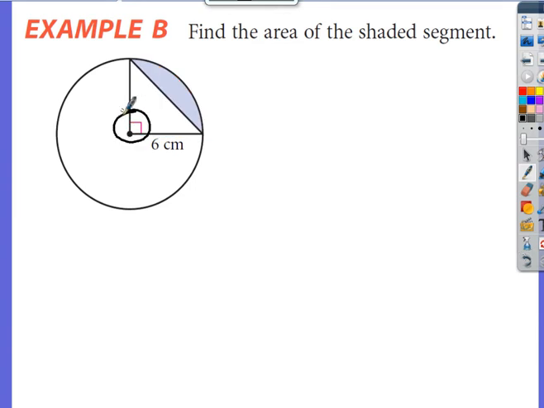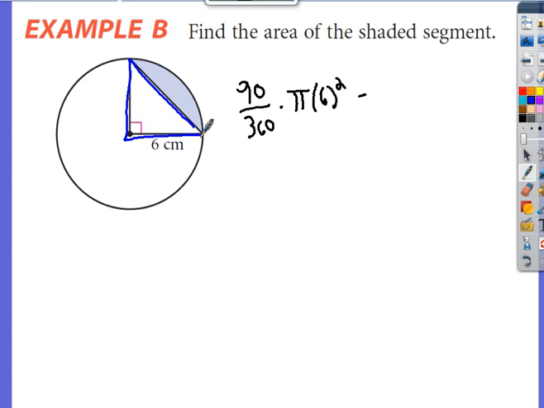So we do 90 divided by 360 times the area, where the radius is 6 centimeters, times pi 6 squared, and we subtract it from the area of this triangle, because we're trying to get rid of this triangle from the area of the sector. Well, the area of the triangle is 1/2 base, which is 6, and height, which is 6. And there's our equation.